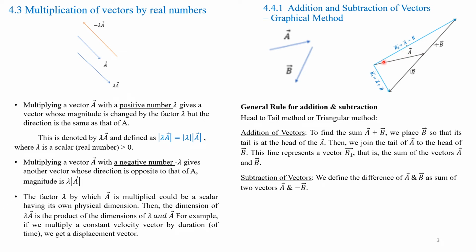So vector R2 is equal to vector A minus B. Therefore, we define the difference of vectors A and B as the sum of two vectors A and minus B. Therefore, A minus B is equal to A plus minus B.